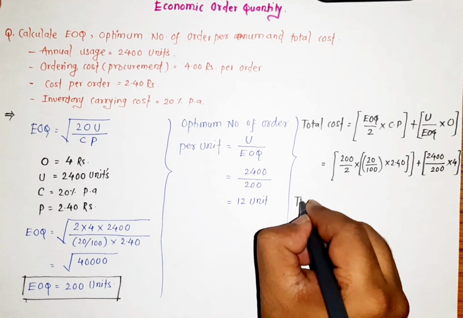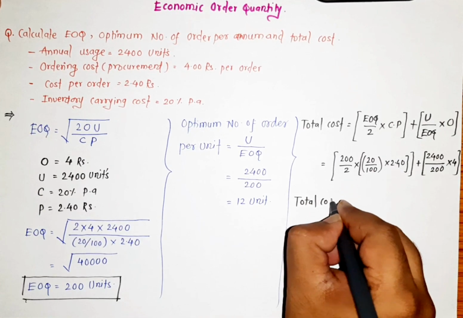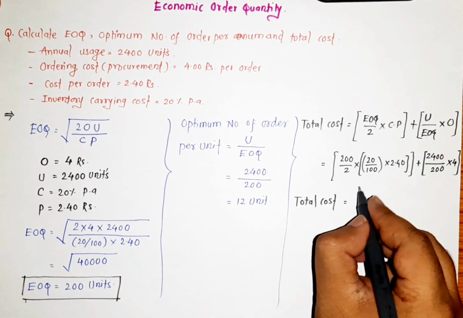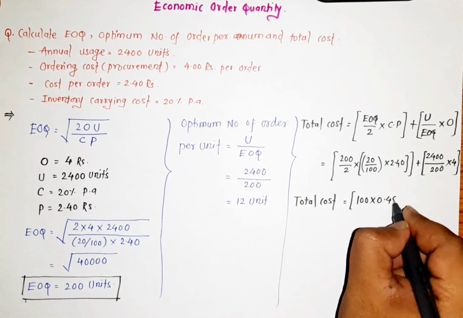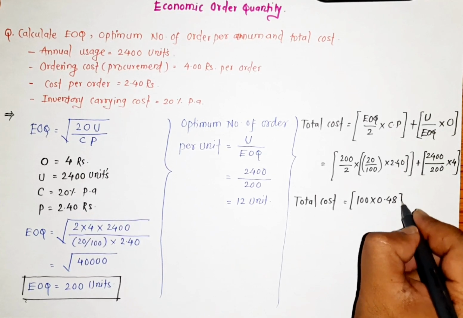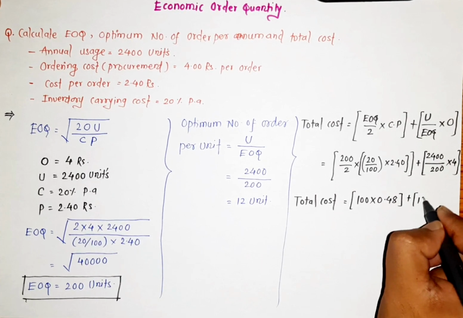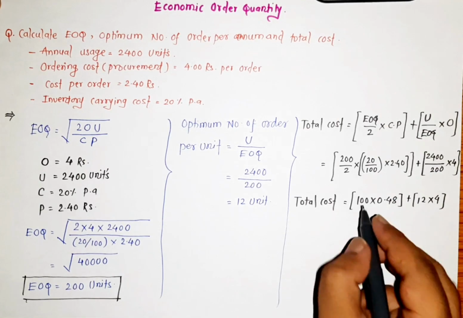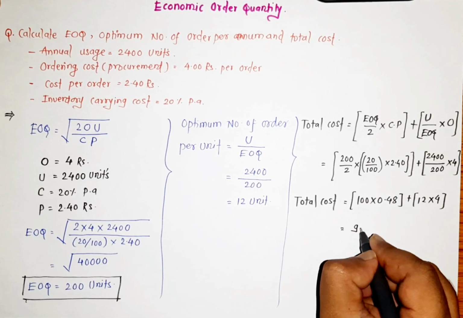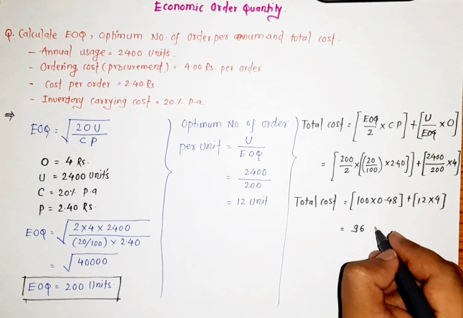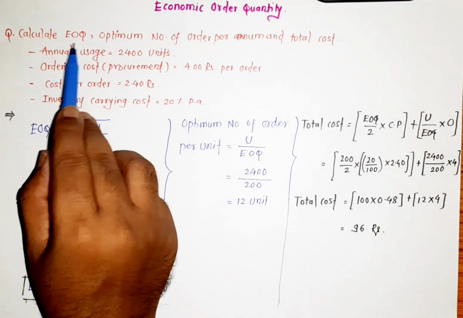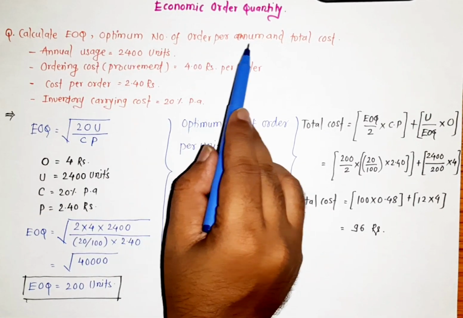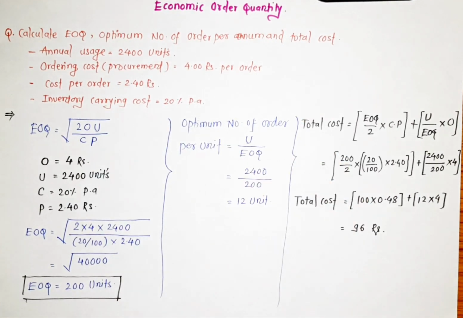So when we solve it, we will get total cost is equal to 100 into 0.48 plus 12 into 4. So ultimately this is 96, and everything is in rupees, so it will be 96 rupees, which completes the problem: to calculate the EOQ, optimum number of orders per annum, and total cost.